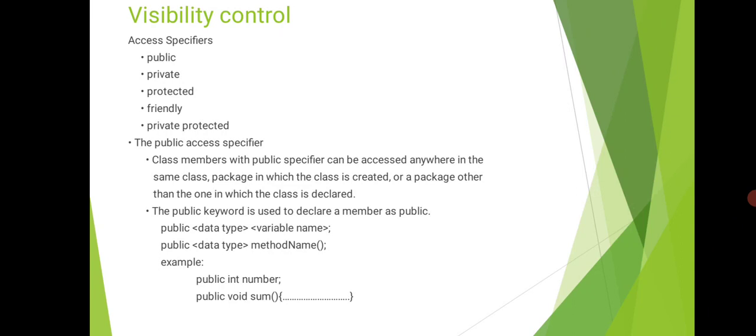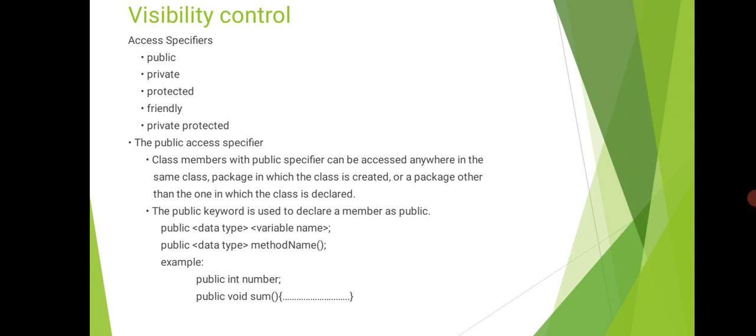Okay, so the public access specifier: what does it tell? Class members with the public specifier can be accessed anywhere, in the same class, in the same package in which the class is created, or in a package other than the one in which the class is declared.